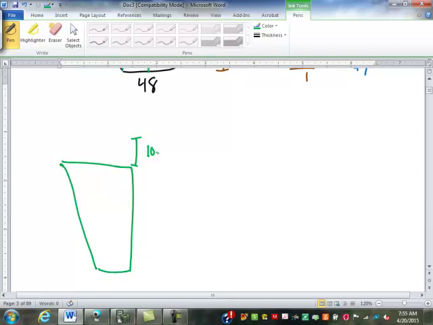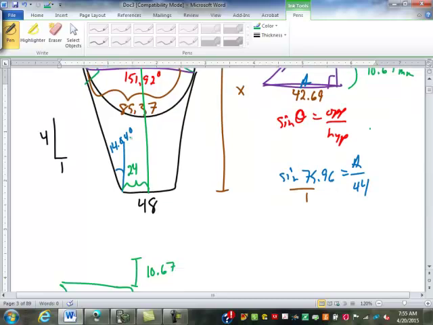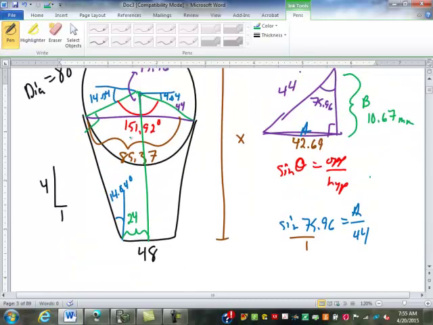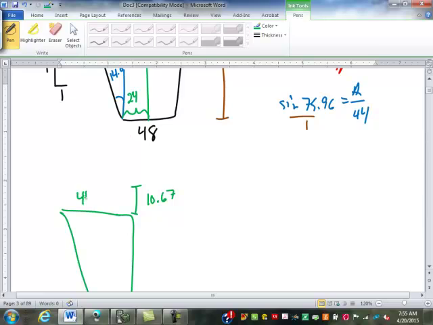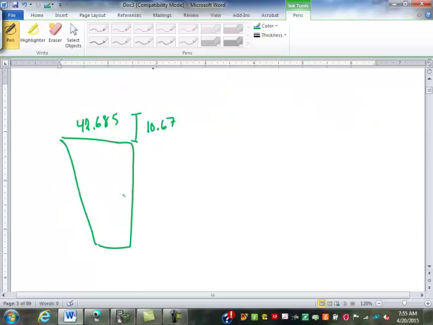We have that 10.67 right here. It's above what I'm drawing out. We had 42.685 here. 24 down here. I can cut this right here. This was 14.04. Yep. This, I'm assuming, is also 24, since that's a rectangle. Leaving us with 18.685 here.